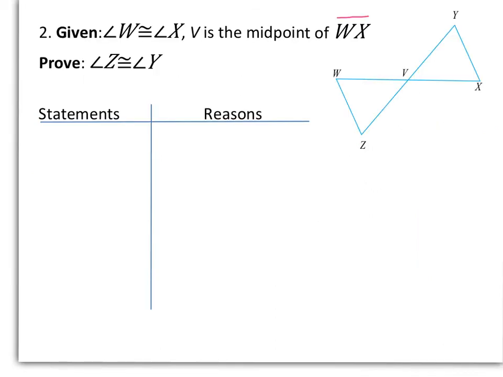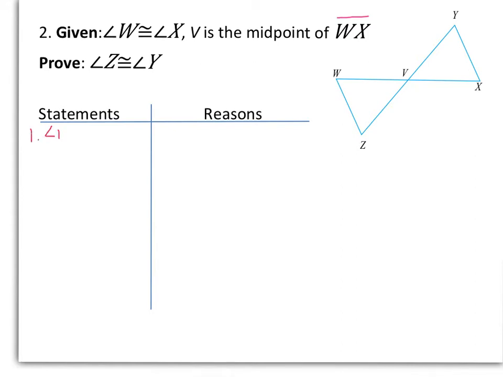Alright, let's try another proof. So in number 2, we are given that angle W is congruent to angle X, and V is the midpoint of WX. We want to prove that angle Z is congruent to angle Y. So let's first write down our givens.